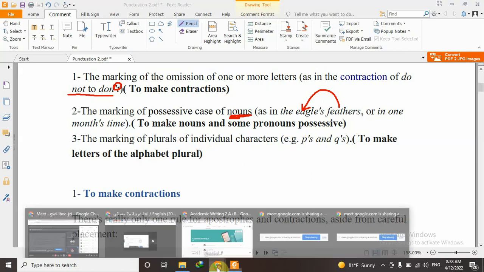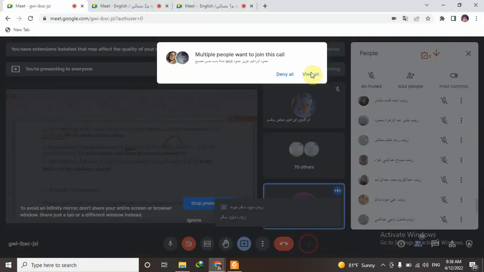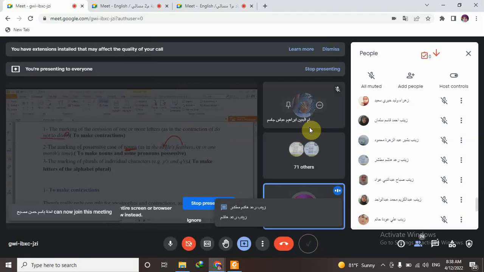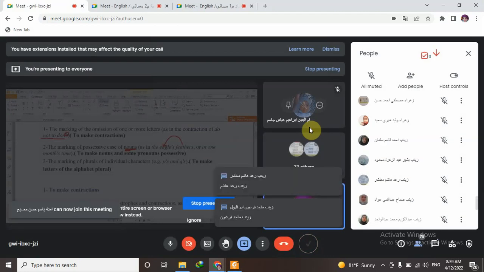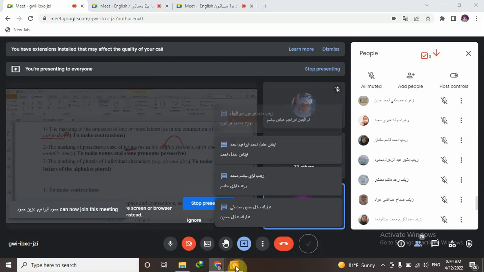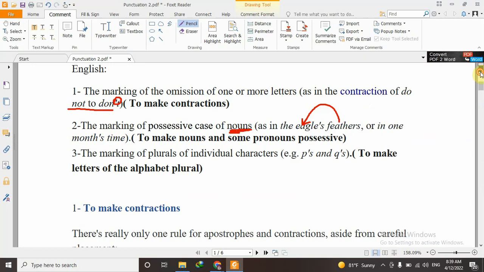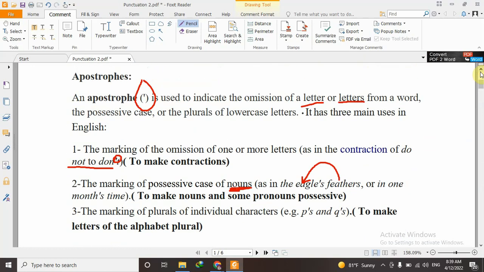So I can't say, for example, As. No, we write A, apostrophe, s. It means that there is more than one letter A there. So these are the three functions of the apostrophe, the uses of the apostrophe in English.